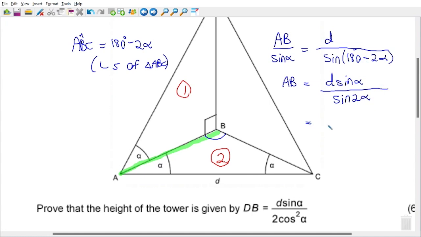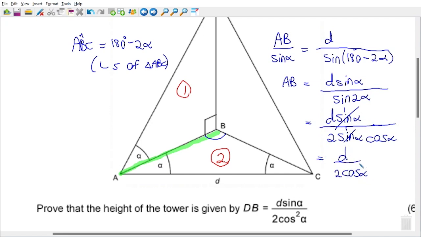This can simplify somewhat because I know my double angle formula for sine. Sine 2 alpha is 2 sine alpha cos alpha. These can divide out, and I get D over 2 cos alpha. Now that is my bridge.